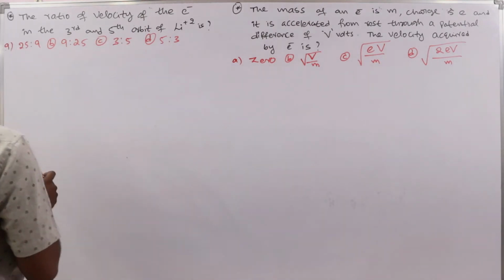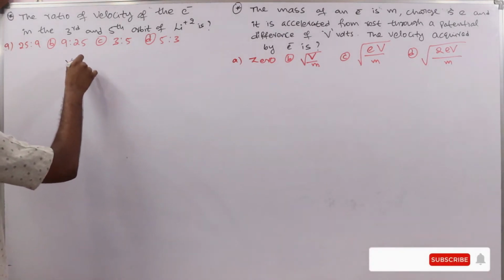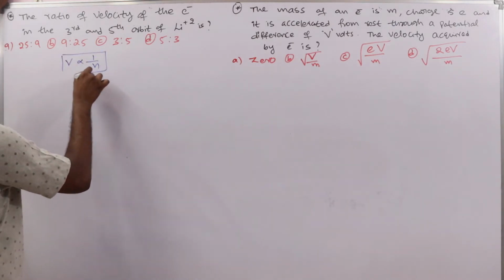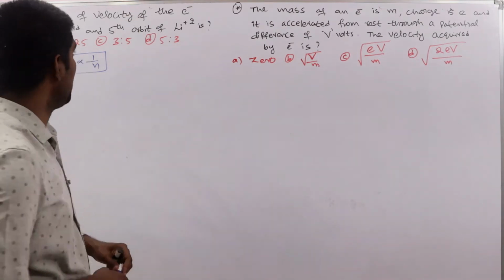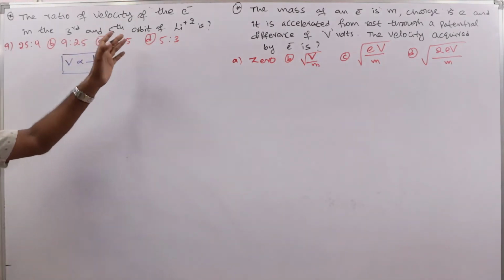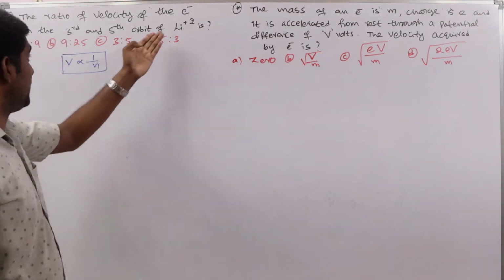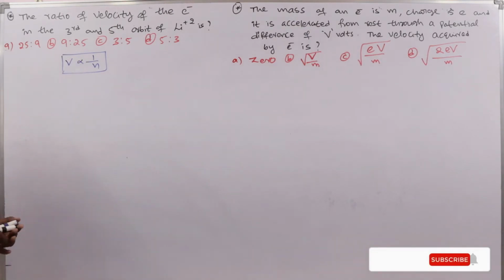So here, what is the relation we have to use? Just now we have discussed that V is proportional to 1 by n. Because here in lithium plus 2 only we have to find out the velocity ratio in the third and fifth orbit for the electron, Z is the same. So that's why overall we get V is proportional to 1 by n.